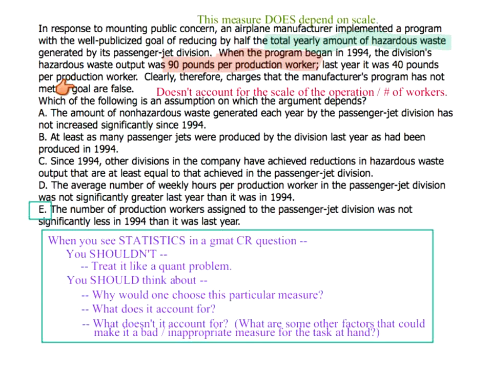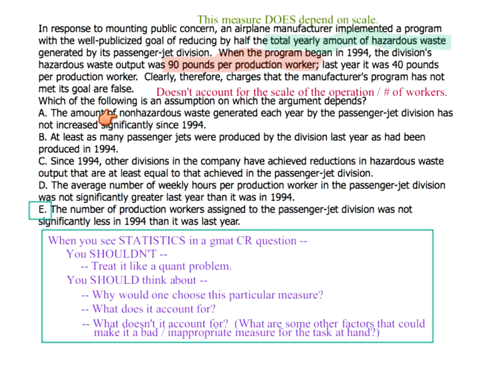So like D, we don't care how many hours these people are working because we don't know how that relates to pounds of wastage per worker. Same thing with B, we don't care how many planes the factory makes. And then A says non-hazardous waste.